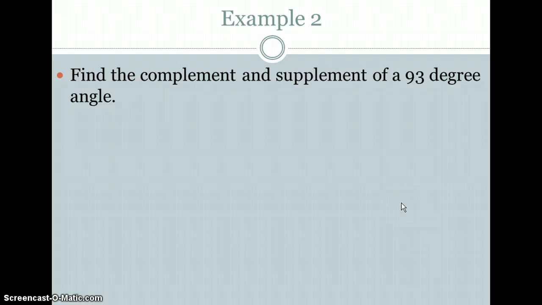For example number 2, we're trying to find the complement and supplement of a 93-degree angle. So we'll call our angle 93 degrees. That's what's given to us. And to find the complement of that, you're supposed to take that angle away from 90.